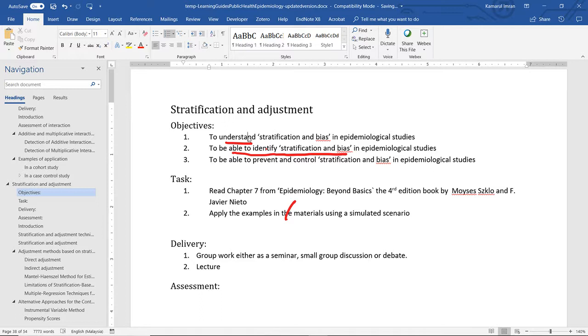And how will you use stratification to control for bias in an epidemiologic study? Use stratification to control bias.